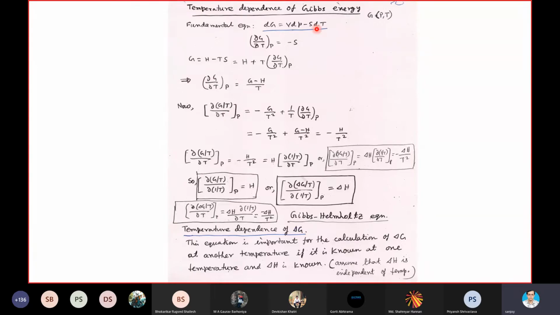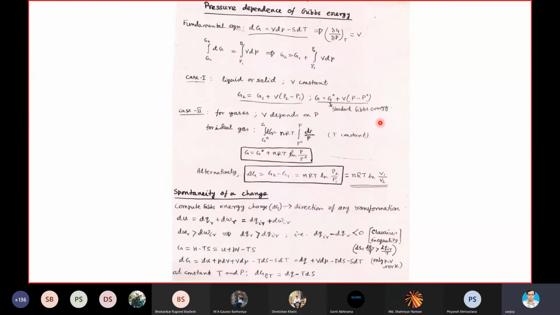We are dealing with a closed system; soon we will talk about open systems, and then this equation will be modified. So for a closed system, this is the change in Gibbs energy. We can, by keeping temperature constant, see how Gibbs energy changes with pressure, or by keeping pressure constant, see how Gibbs energy changes with temperature.